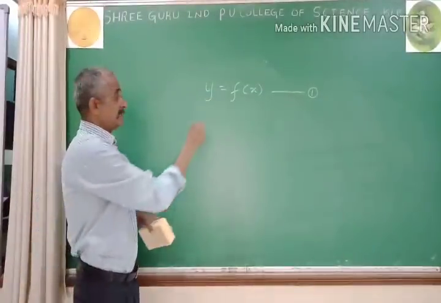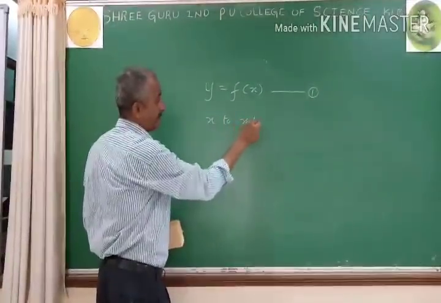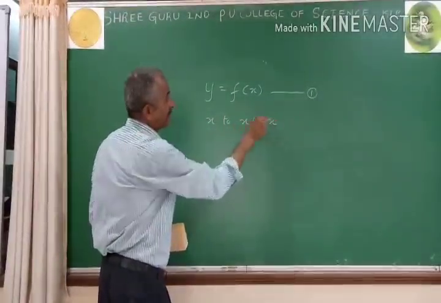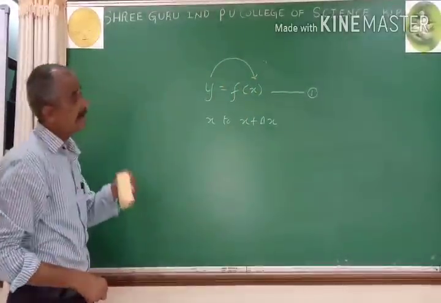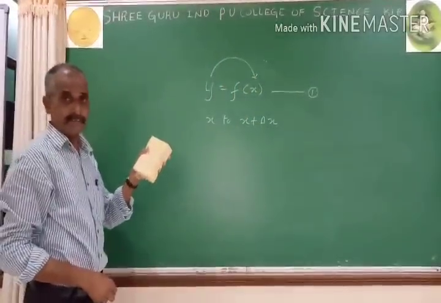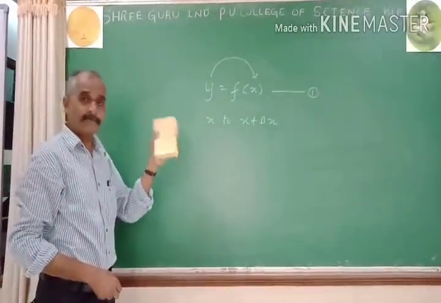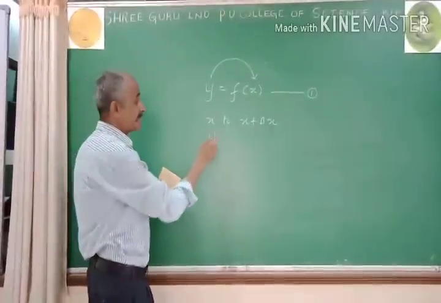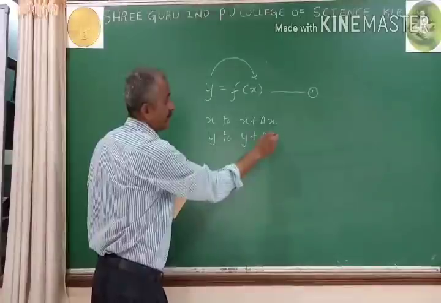In particular, suppose x changes to the value x plus delta x. Because y is dependent on x, whenever there is a change in x, there will be a corresponding change in y. Obviously, y changes to y plus delta y.